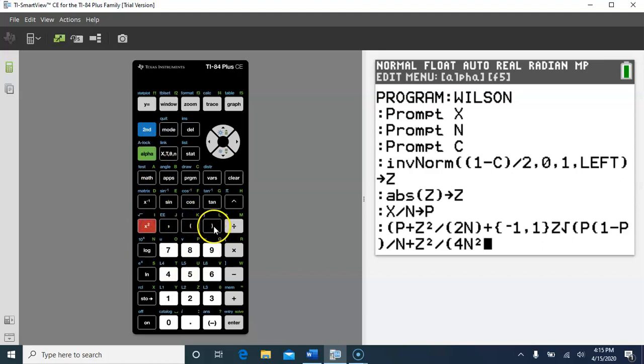So now I'm going to close parentheses on that denominator of 4n squared. I'm going to close parentheses for ending the expression that's under the radical. And then I'm going to close parentheses one more time.